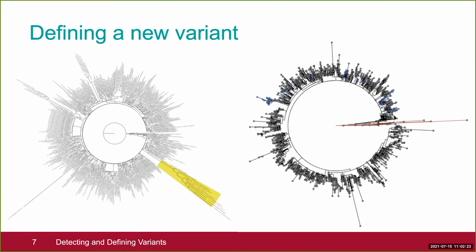In this particular tree, all of these sequences have been identified as C37 by pangolin. But if you look at the pieces in red on this tree, they don't quite fit the clade. Although they may well be C37 sequences, it might be that they have missing data or the quality of those sequences isn't as good.